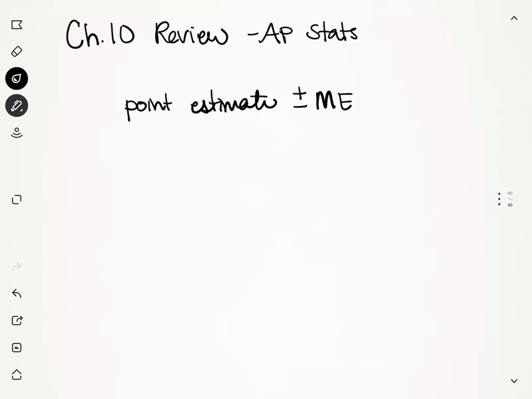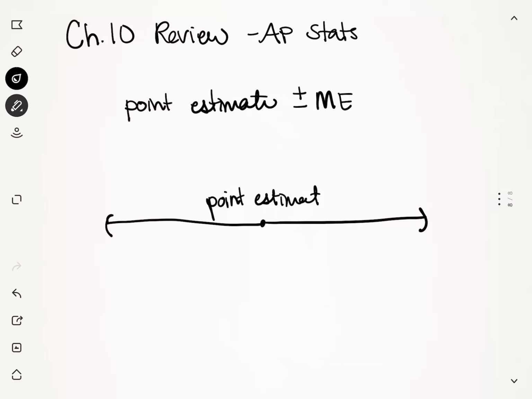So we take the point estimate, add the margin of error, and also subtract the margin of error, and it gives us an interval that hopefully will capture a population parameter, whether that be a population mean or a population proportion. It will give us a rough estimate as to where our population parameter will fall.